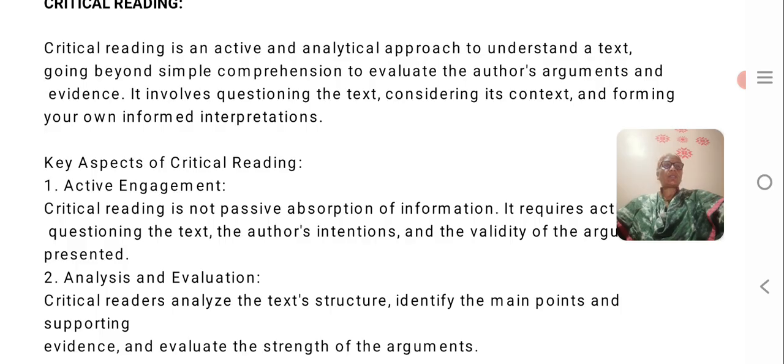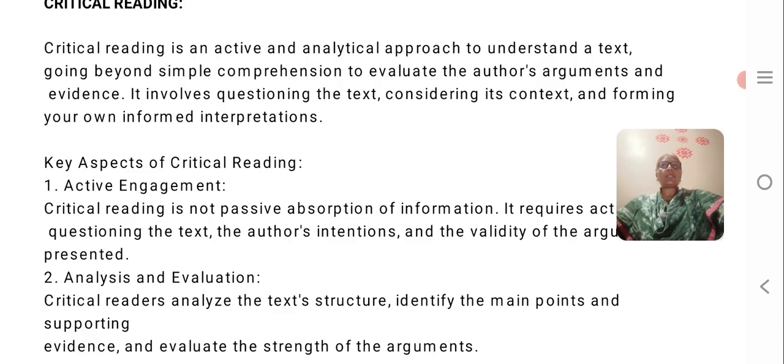It goes beyond simple comprehension and evaluates the author's arguments and looks for the evidence given by the author. It involves questioning the text, considering its context, and forming your own informed interpretations.